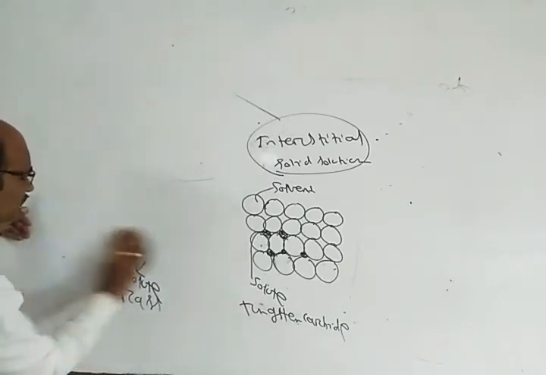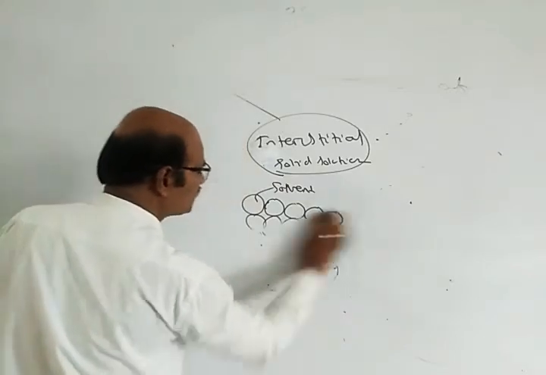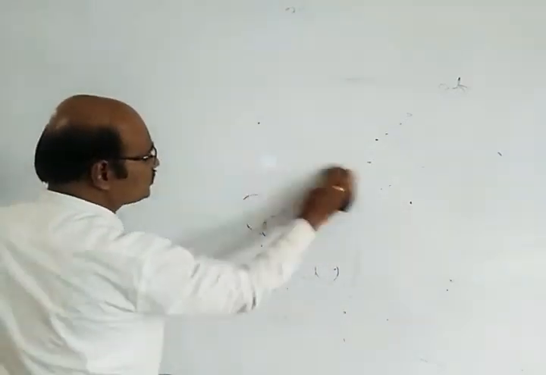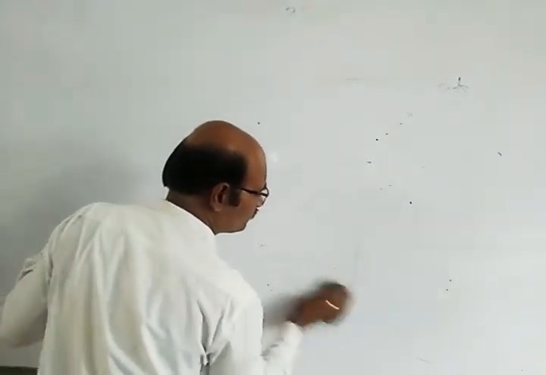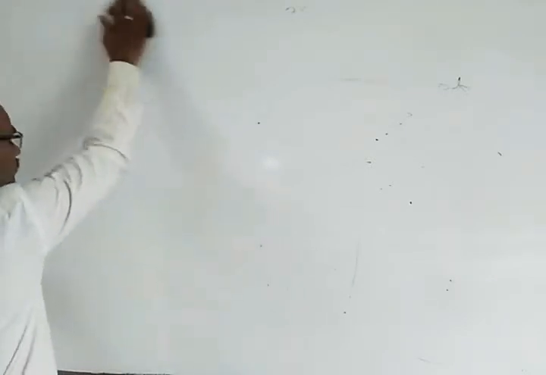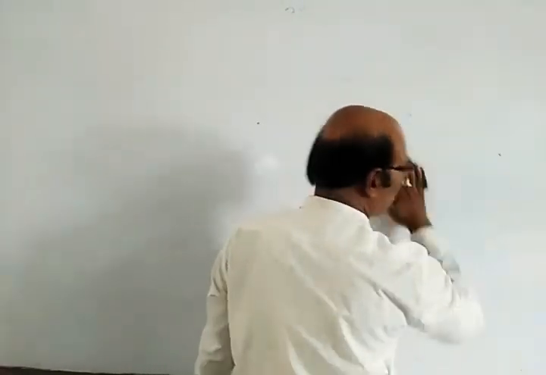Now basically we will deal with the solid liquid, liquid liquid, and also gas liquid solutions. When you think about solid liquid solutions, a particular amount of solute is dissolved in a particular amount of solvent.